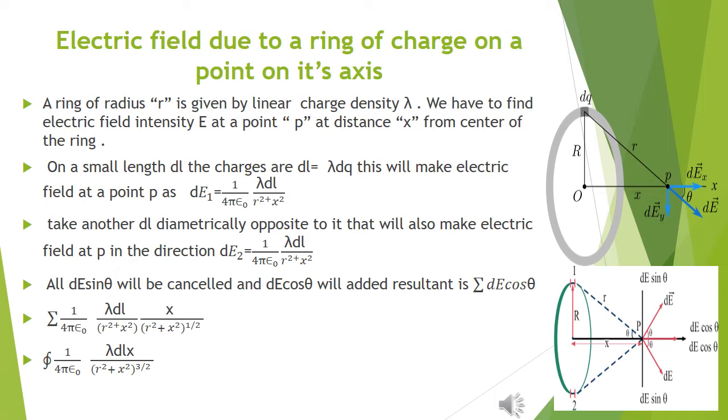After all, two things are given to us. This ring has a radius r and the charge we have given to it is lambda. So we have to find out electric field intensity value E at a point P, which is at a distance x from the center of the ring.